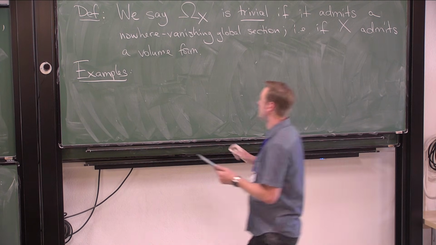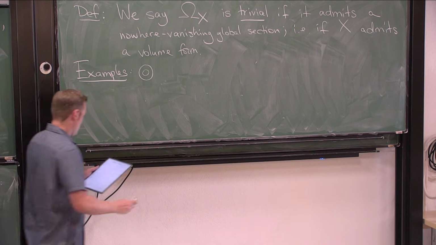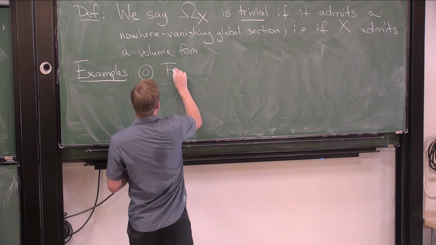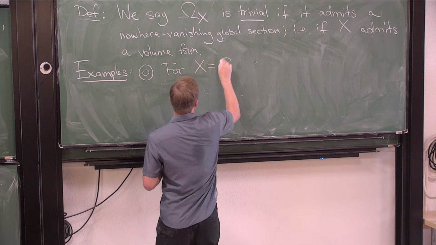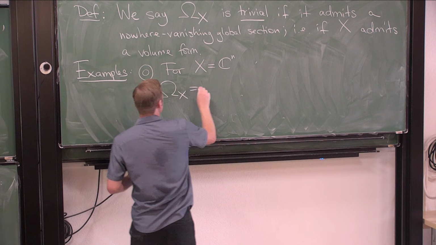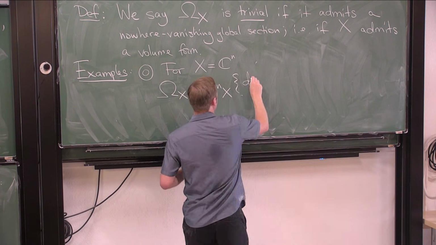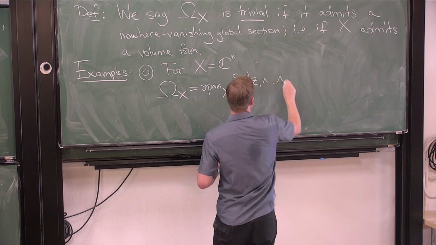Right. Okay. So examples. So example 0, which we've just spent a lot of time discussing. For the Euclidean space, the canonical bundle is the span over X of this canonical volume form.